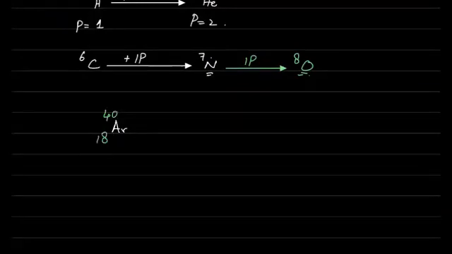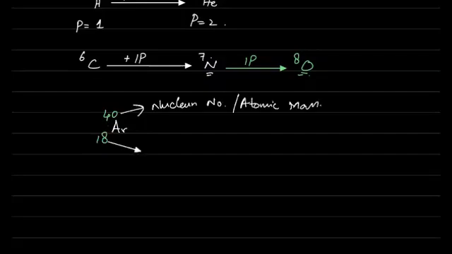The one which has the smaller number is the atomic number, and the one which has the bigger number is the atomic mass or nucleon number. Another name for nucleon number is atomic mass. And 18 is the number of protons, or proton number.